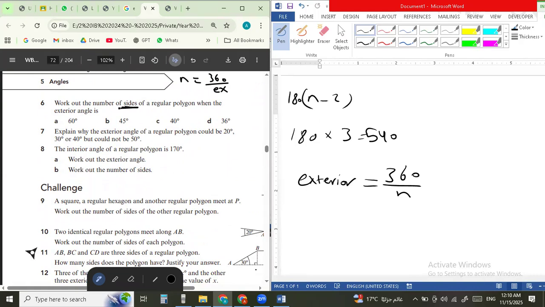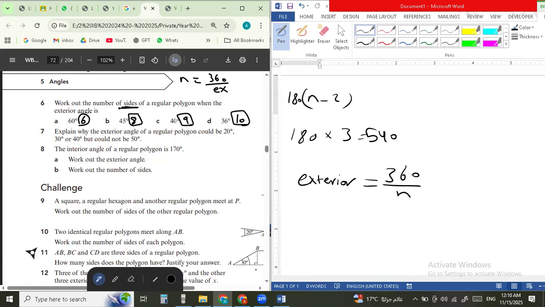So n equals 360 over 60 for this one. 360 divided by 60 is going to give you exactly 6 sides. 360 divided by the exterior 45 is going to give you exactly 8 sides. Am I right? Yes, 90 times 4 is 360. 360 divided by 40 is going to give you exactly 9 sides. 360 divided by 36 is going to give you exactly 10 sides.